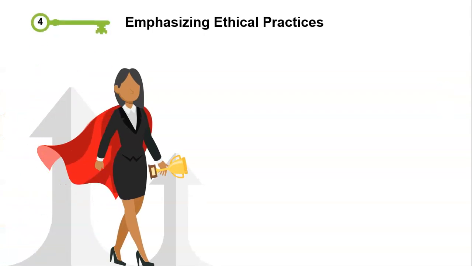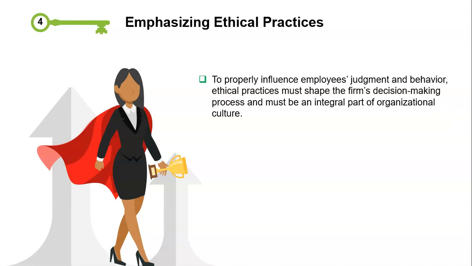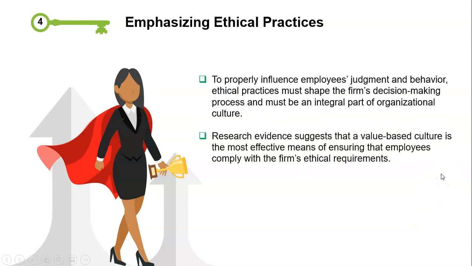The next key activity that strategic managers must engage in is ethical practices. For every chapter, or for most courses that we do, we always talk about ethics in business. To properly influence employees' judgment and behavior, ethical practices must shape the firm's decision-making process and must be an integral part of an organization's culture.